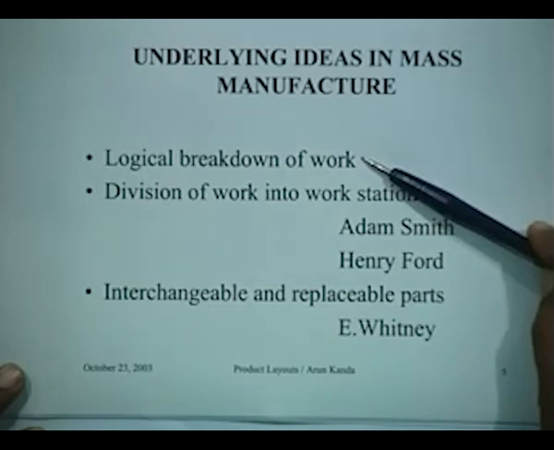Which means the entire task which is to be performed is broken down into smaller and smaller tasks, and some group of tasks are assigned to one particular individual or a machine, and this breakdown of tasks into smaller tasks helps in the division of labor to a very large extent.